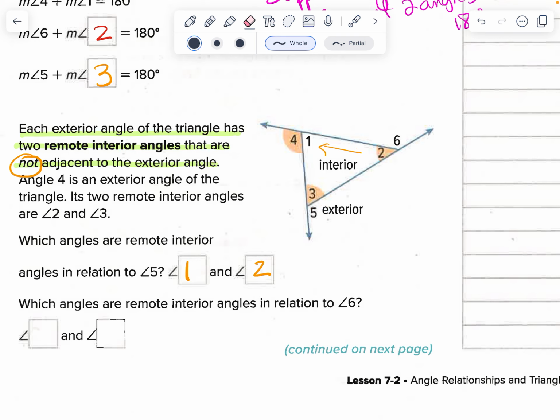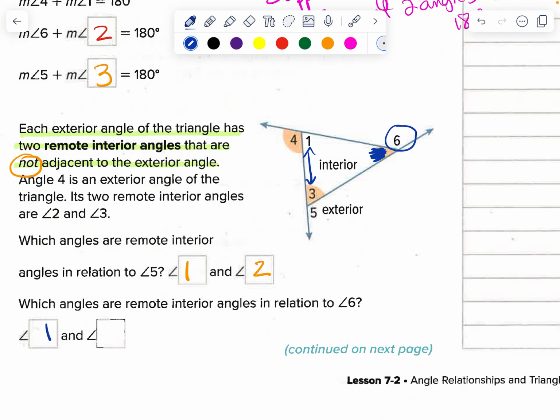So let's do it for a different one. Okay, angle 6. We're talking about this angle right here. Angle 2 is adjacent to it, so that is not a remote interior angle. These two right here are the two angles that are the interior angles.